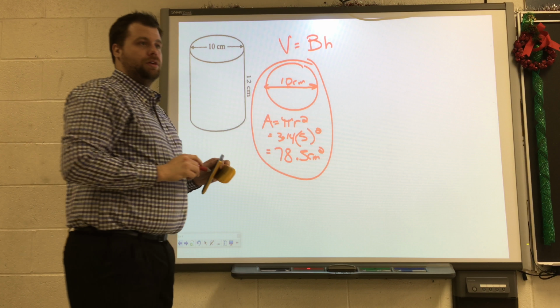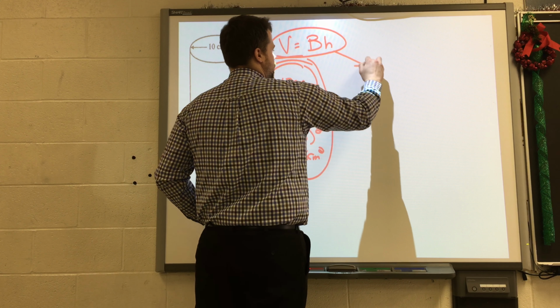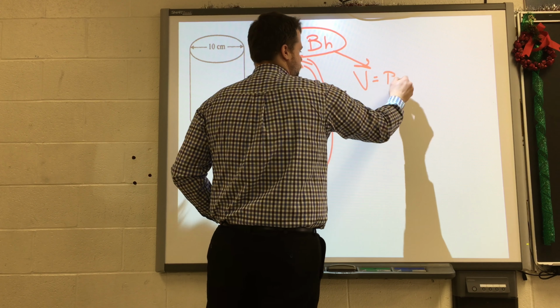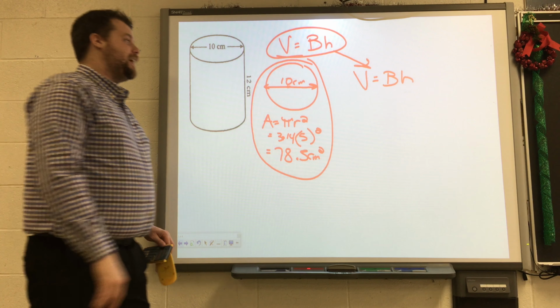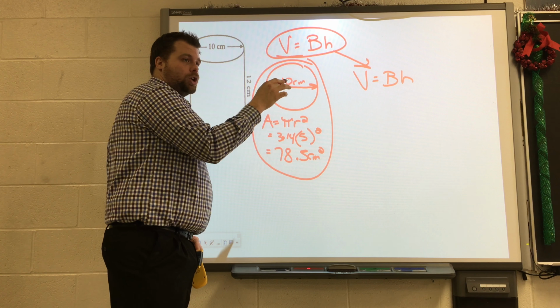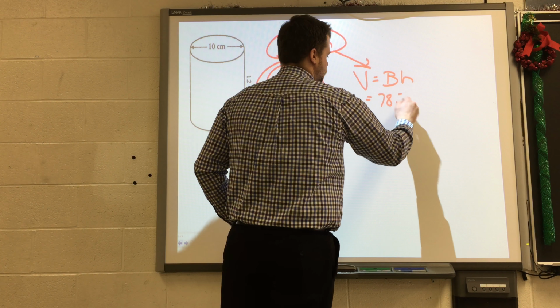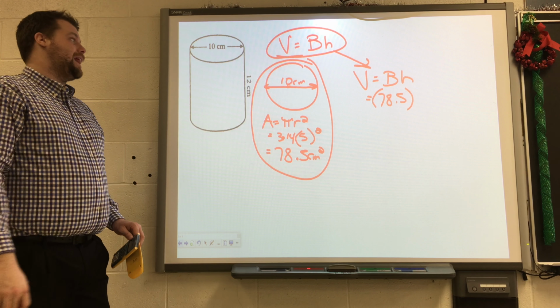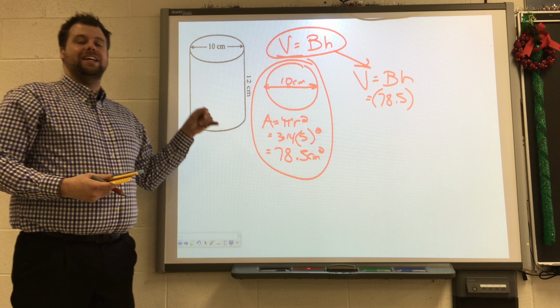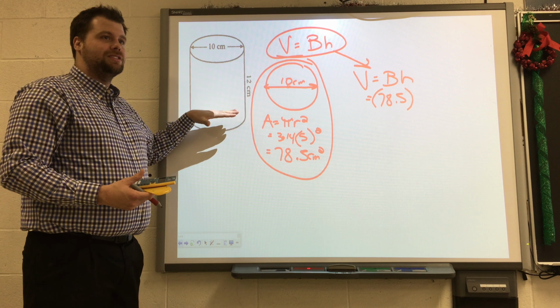So now what I need to do is take this formula, I'll rewrite it over here just so you can easily see it. I found the area of the base. That's my capital B. It was 78.5 centimeters squared. I'm going to multiply that by the height. In this case, the cylinder is not laying on its side, it's sitting on its base, which is the circle.